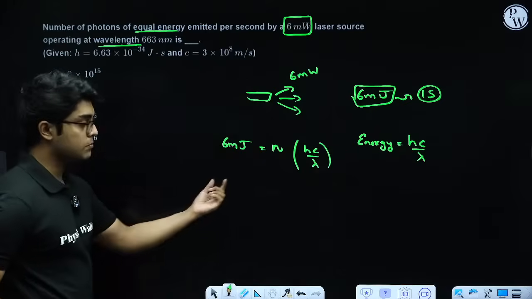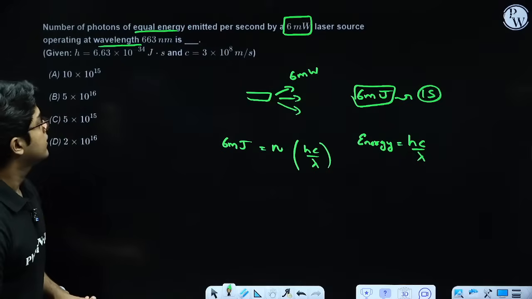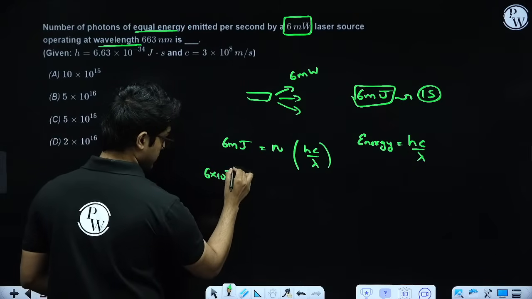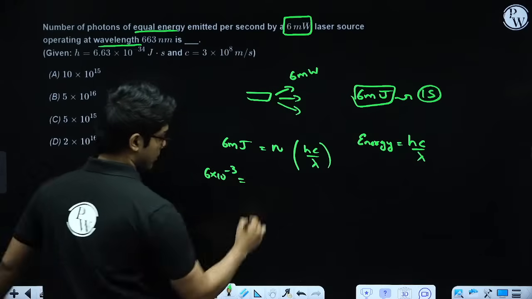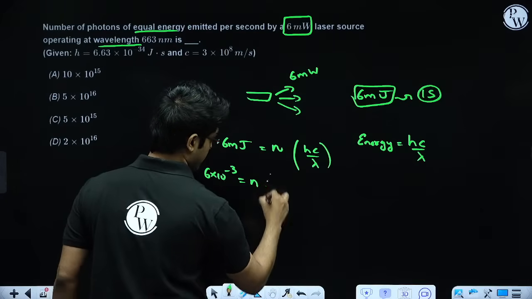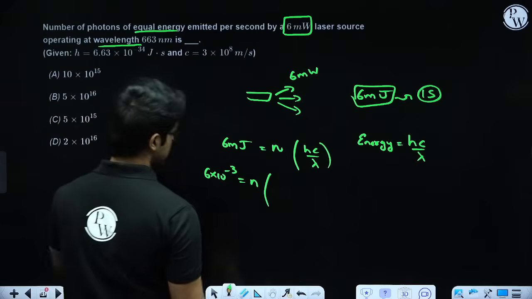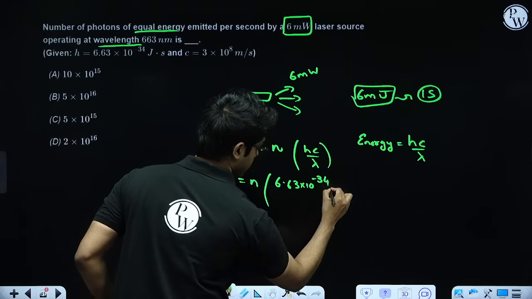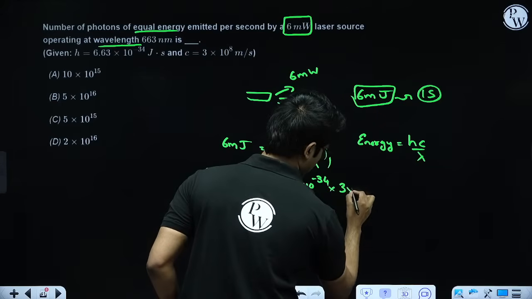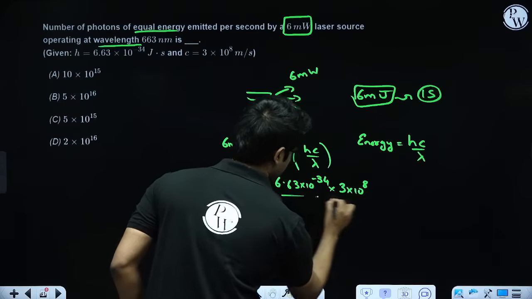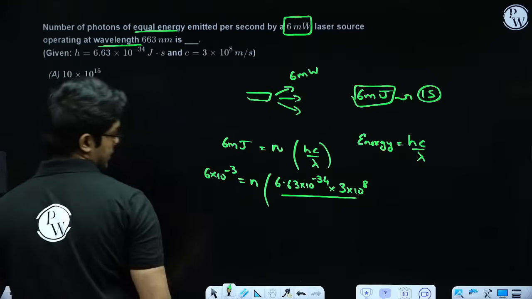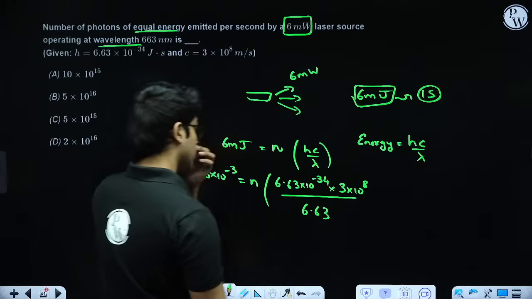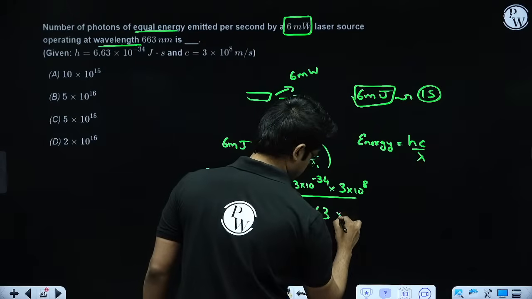Alright, so this is a simple energy balance equation. Now let's just substitute everything. So 6 times 10 to the power minus 3 equals the number of photons released times Planck's constant, 6.63 into 10 to the power minus 34, times the speed of light, 3 into 10 to the power 8, divided by the wavelength 663 nanometer, which is 6.63 into 10 to the power minus 7, right?